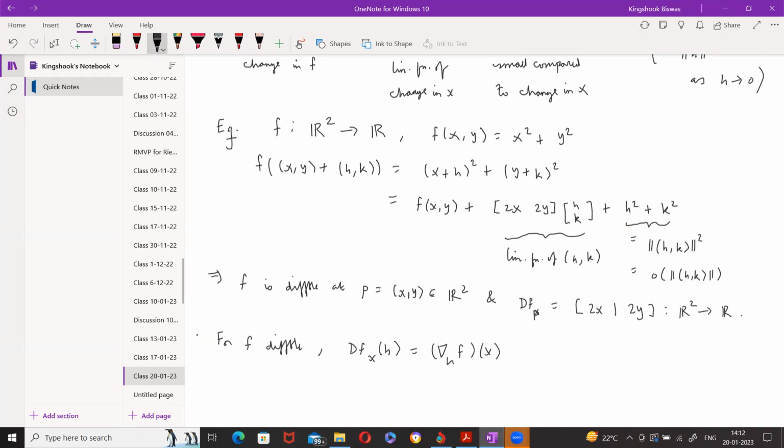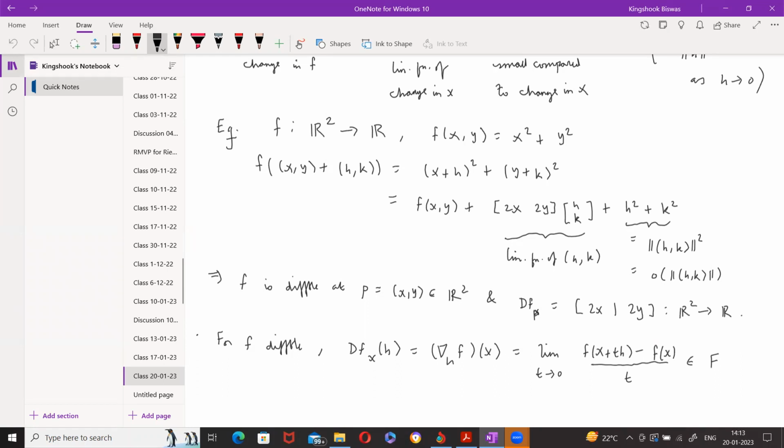So this directional derivative is the limit as t tends to 0 of f of x plus th minus f of x over t. So this is an element of the vector space F. This limit exists, we showed, and this equals df_x at h.